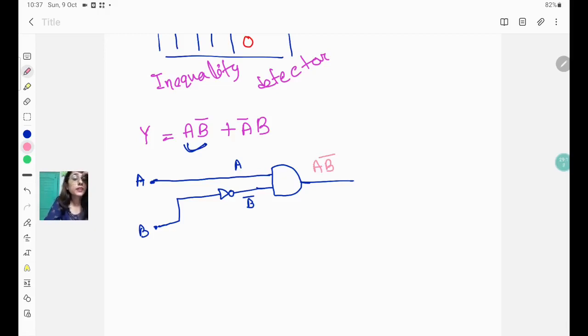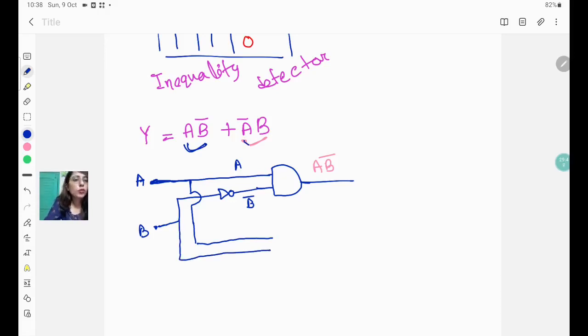The next one, this portion, is A bar B. We are taking a line from A, and when we are crossing the line of B, we are just bending the wire a little bit, and this one is A. So we are giving A, and we are taking B here, so B we are taking as it is.